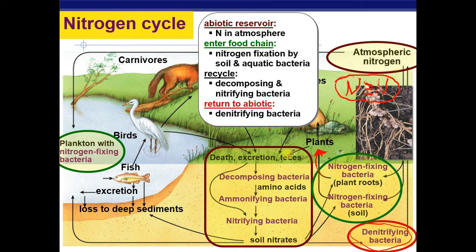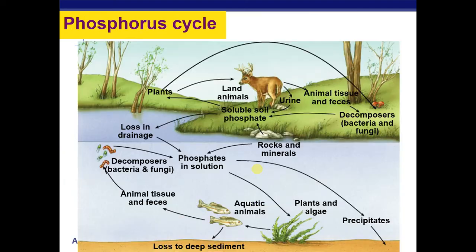So you should spend some time understanding this idea. You don't have to really understand the detailed differences between a decomposing bacteria, an ammonifying bacteria, and a nitrifying bacteria, but understand, for example, that bacteria return nitrogen to the soil by breaking it down from dead organic matter.